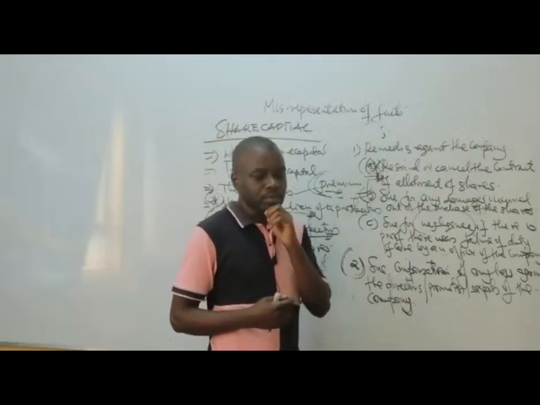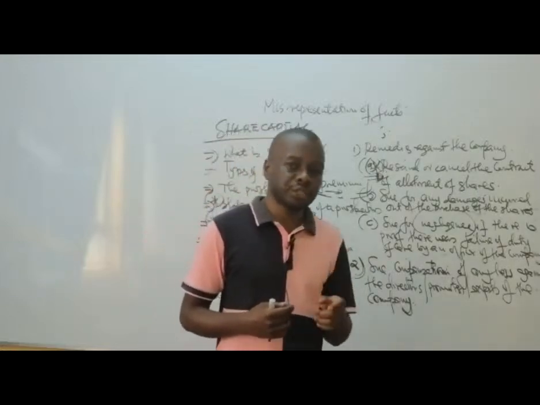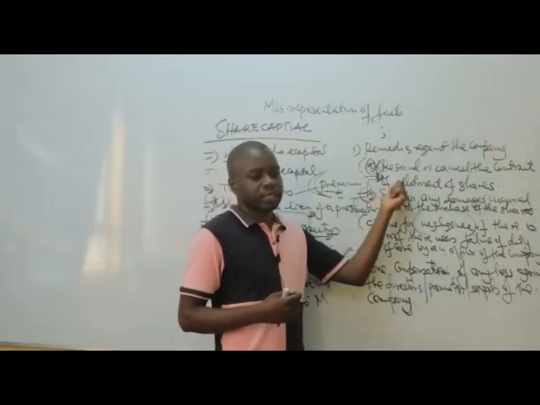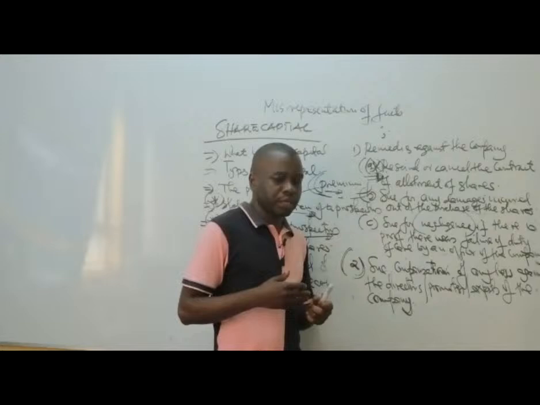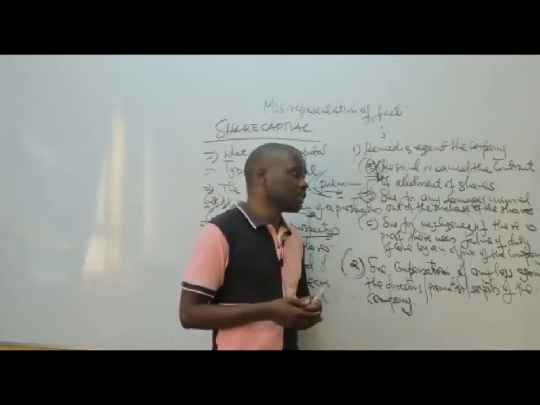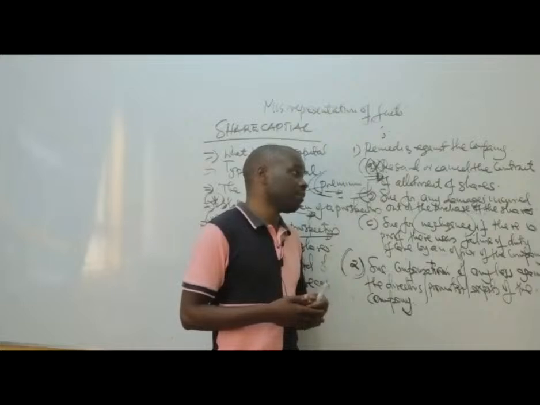Number two, if the company has already started undergoing what we call liquidation, you lose the right to rescind or cancel the contract of allotment. In such a case, the company is now going to shut down, or is going to be liquidated. You can't rescind or cancel that contract of allotment because maybe in a few months' time, the life of the company won't be there.